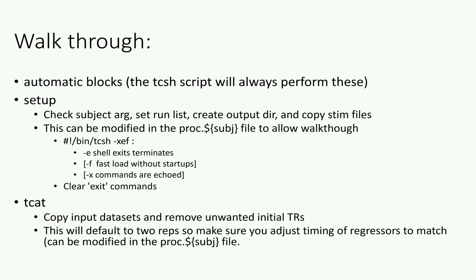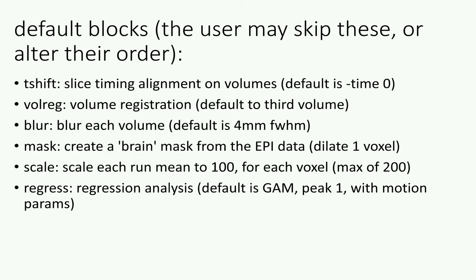By default, you put in a subject and it'll make a new proc file for that subject, and you will have a proc file per subject, but it can be modified by replacing that subject variable with a specific variable that's specified, and then you can run it in a loop, which can save you a decent amount of headache. I'm going to walk through the default blocks, and then the optional blocks, and then the really optional blocks.